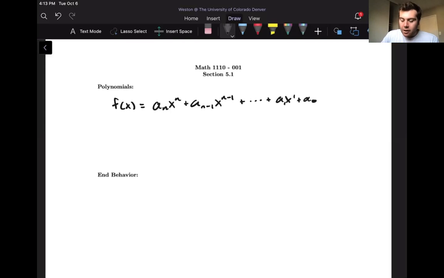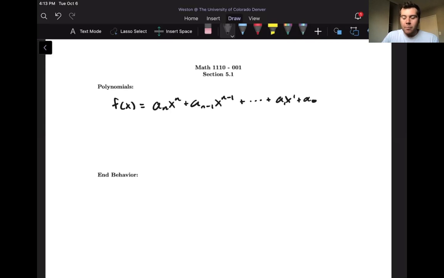So these a_0 through a_n are just real numbers, and each n is just some number like 1, 2, 3, 4. It just tells you how high you should go.